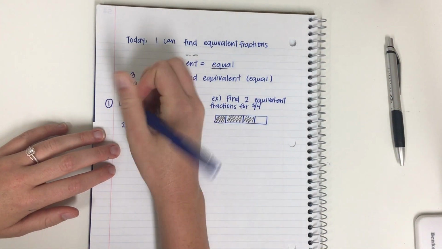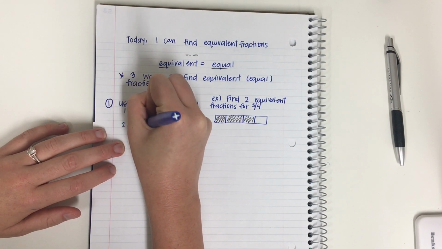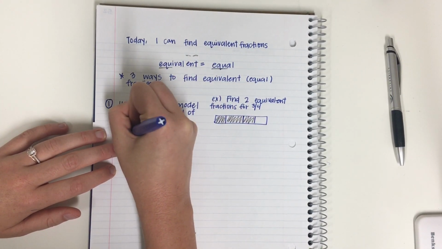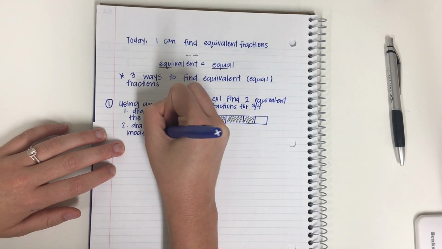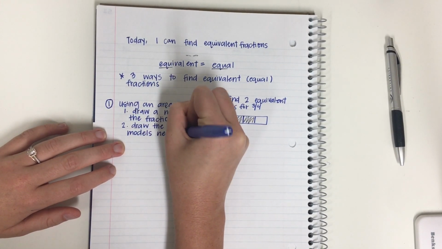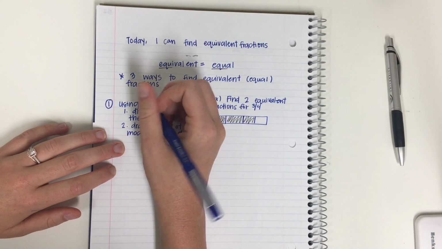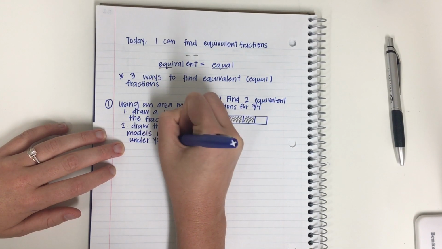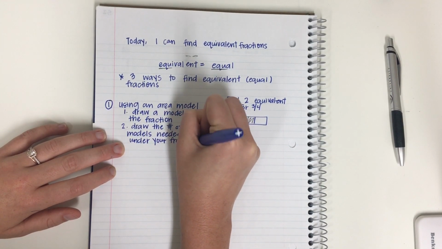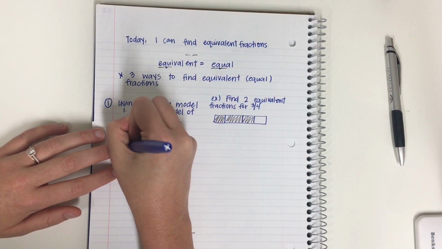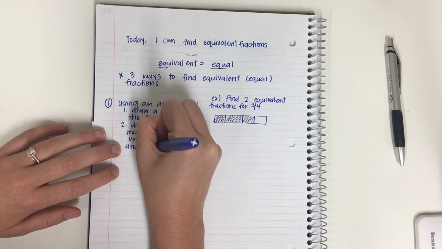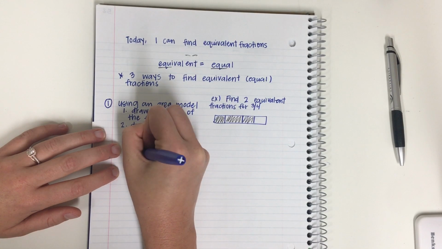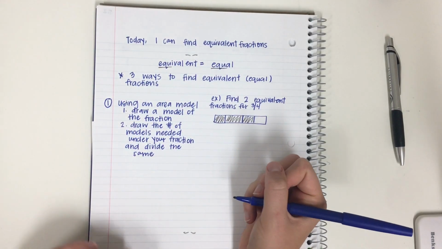Step 2, draw the number of models needed under your fraction and divide the same, okay?